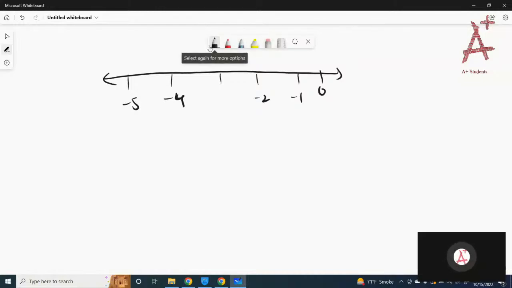The options are 3, -3, and 1. You're on the negative side. The missing number must be negative. Got it? So the number is negative. So it would be -3. Got it? Here you have -3.